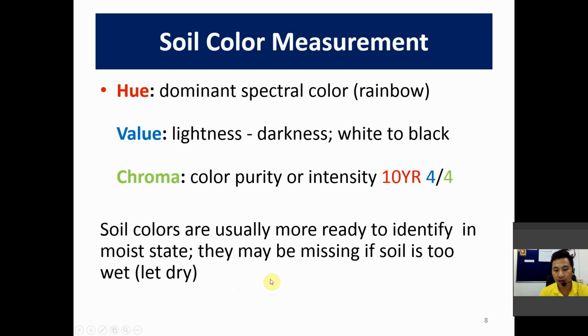Soil color is generally easier to identify in a moist state. So again, keep in mind that you have to make the soil moist first before you measure with this system. Otherwise, you will miss something if the soil is too dry to measure.